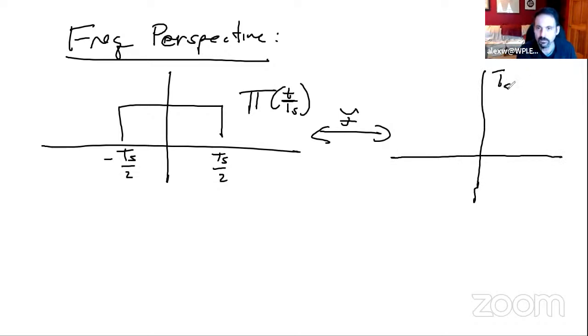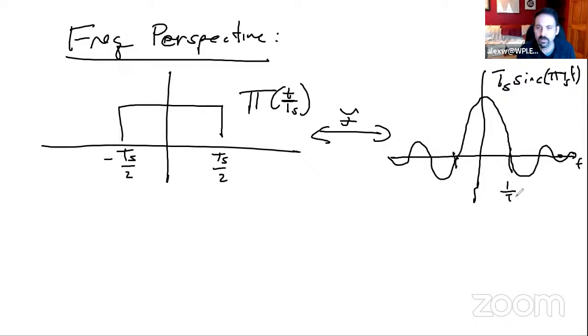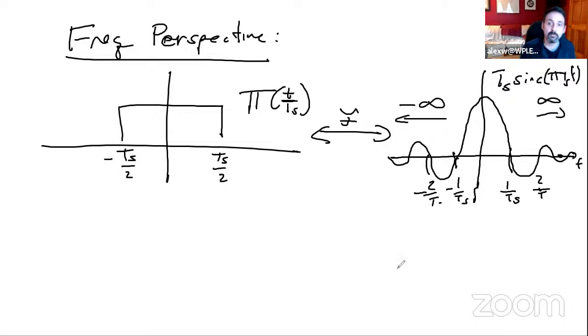It's going to be TS sinc(pi TS f). It's going to look like this, and you're going to have zero crossings at 1 over TS, 2 over TS, minus 1 over TS, minus 2 over TS. The problem with this waveform, a big problem, is that it goes off to minus infinity and infinity. This is very impractical.